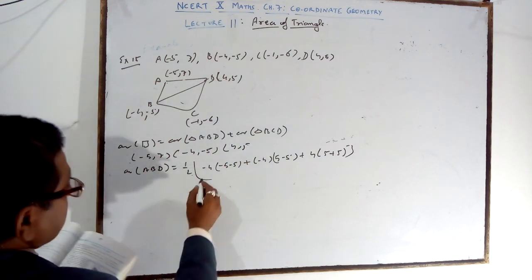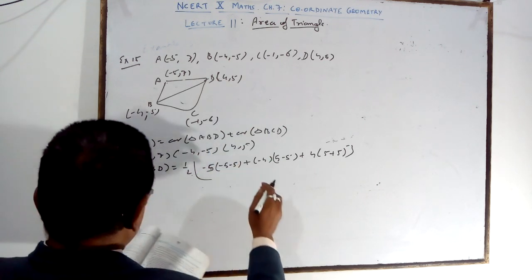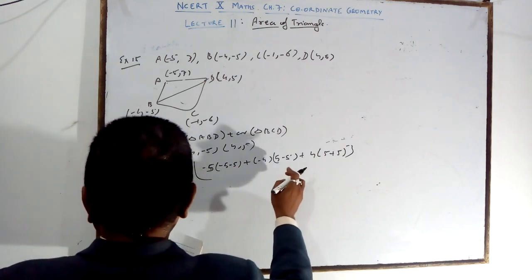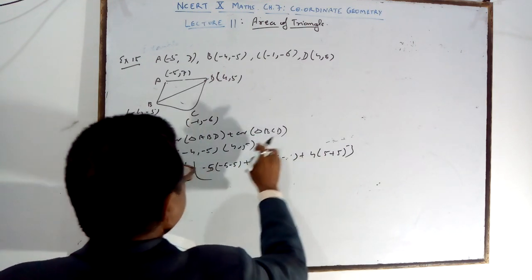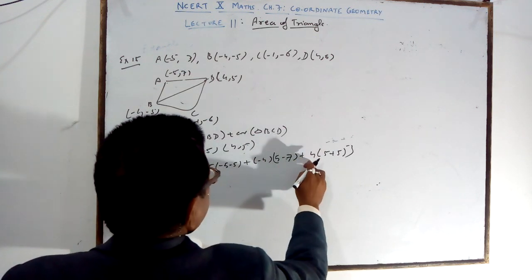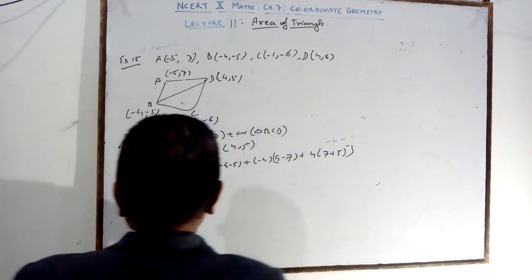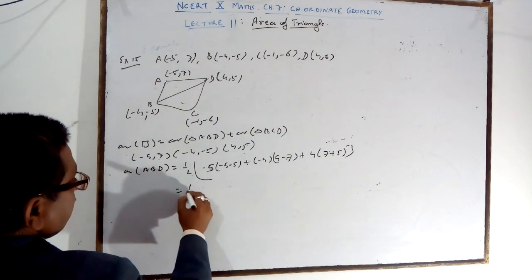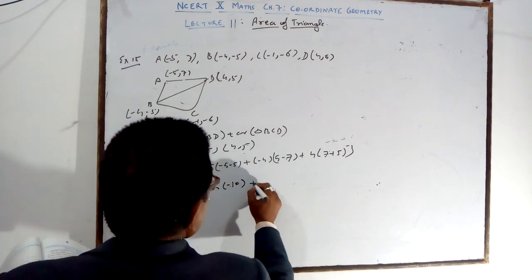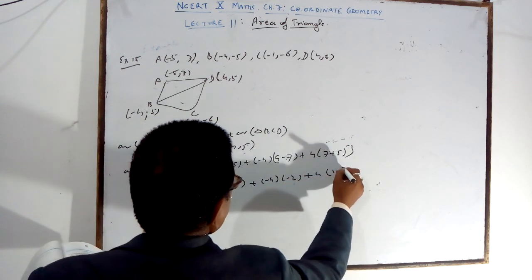According to this you will write here: minus 5 into minus 5 minus 5, and then minus 4 into 5 minus 7, and 4 into 7 plus 5. So you get 1 by 2 times minus 5 into minus 10 plus minus 4 into minus 2 plus 4 into 12.